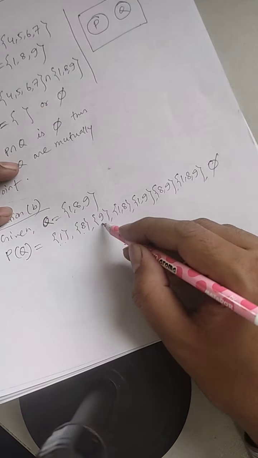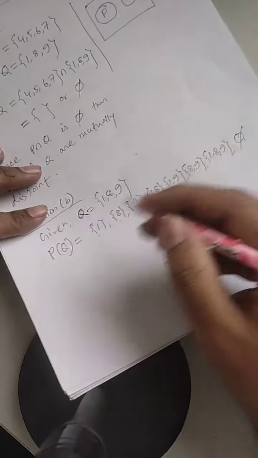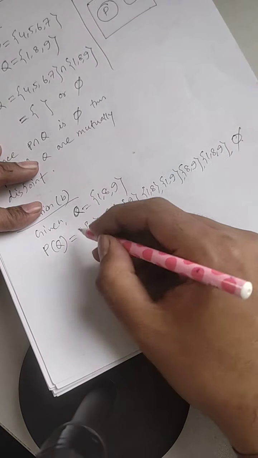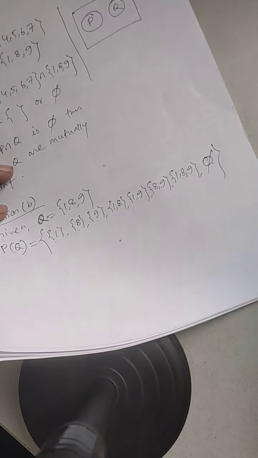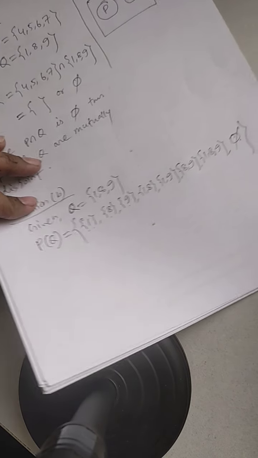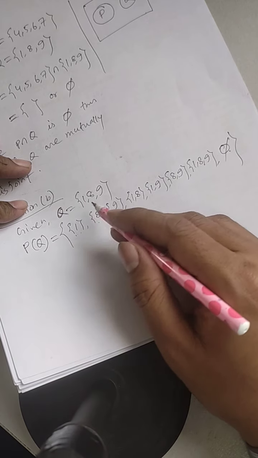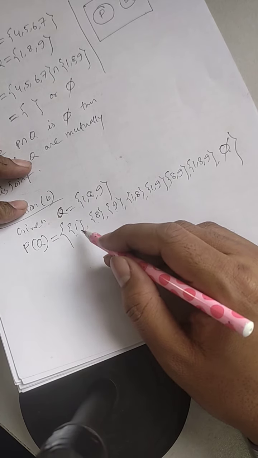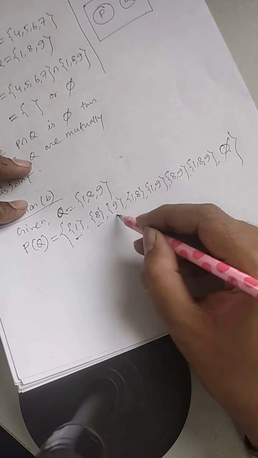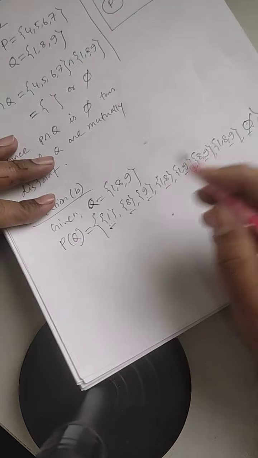How many? 1, 2, 3, 4, 5, 6, 7, 8. This power set is a set, so that's why we have to use curly brackets at the first and last. Now look, how many elements are in the power set of Q? 1, 2, 3, 4, 5, 6, 7, 8.